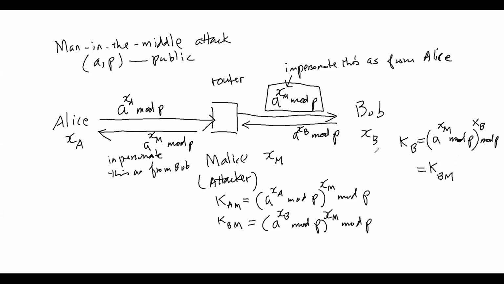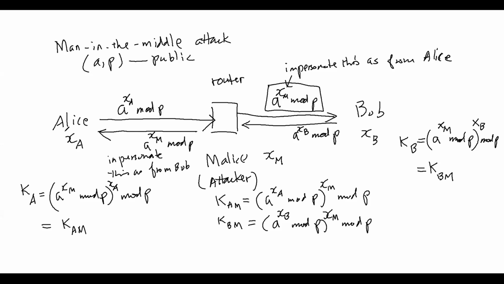Okay, so this is KBM, and Alice does the same. So it computes A to the XM mod P, and then XA.